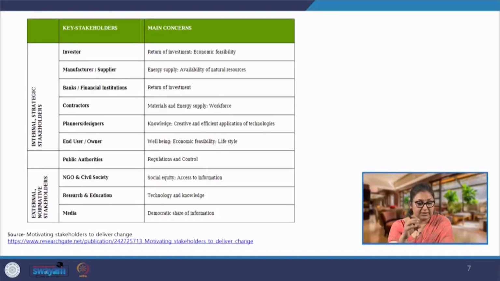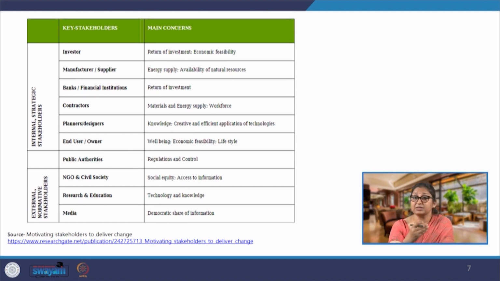So, for example, the investor has the concern only on return of investment, while the banks or financial institutions, they also have a concern on return of investment. But the manufacturer or supplier, his main concern is energy supply and availability of natural resources. These are the resources that he needs to continue to work, continue to supply the material.